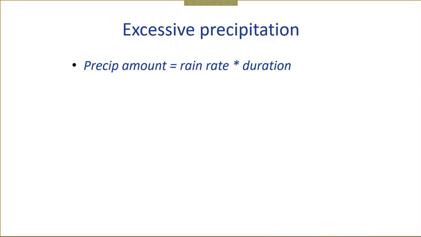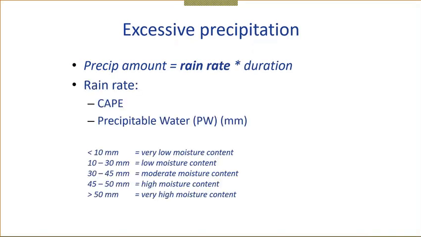That more or less depends on two factors: the rain rate and the duration. That determines the amount of precipitation, as you can see in this simple relation. If you look at the rain rate, you have to look at the environment, the atmosphere itself, in terms of a combination of CAPE and precipitable water.